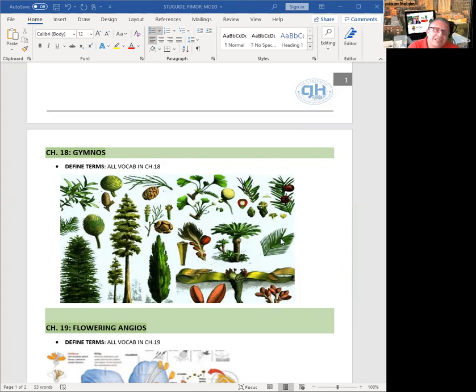Their seeds are open and not inside a fruit. Conifers, cycads, ginkgos, and Gnetophyta are all under this group as phyla.